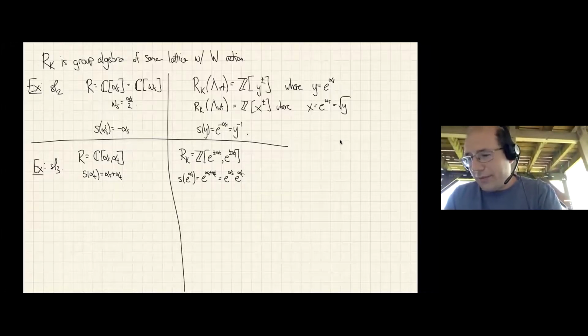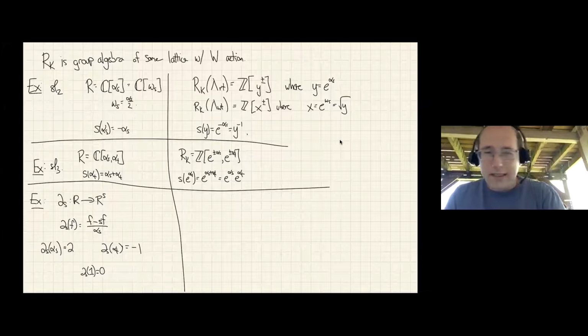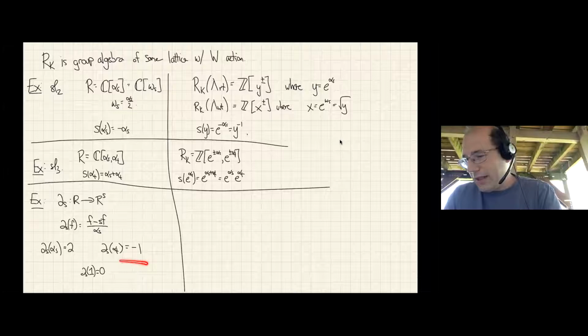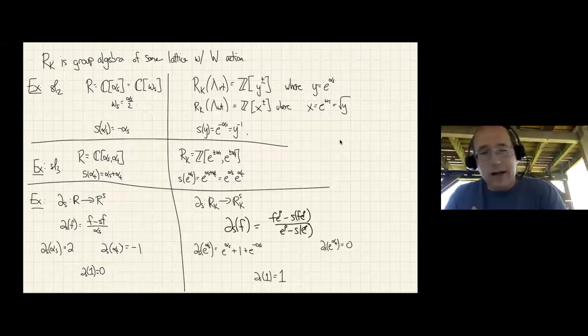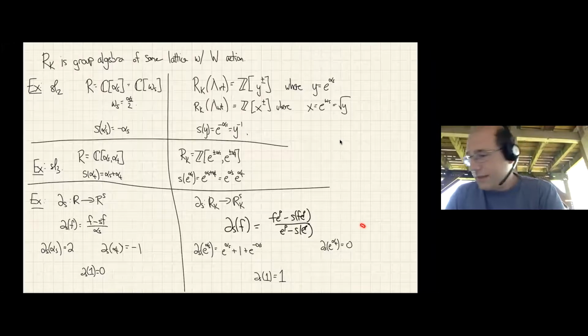Before, with the Demazure operator, I gave you this formula, and you can sort of check that the d s of alpha s is 2, d s of alpha t is -1, and so forth. Whereas the formula in K-theory for the Demazure operator is a little bit more annoying. So for instance, here are some values of d s, just to give you a flavor of what's going on here.